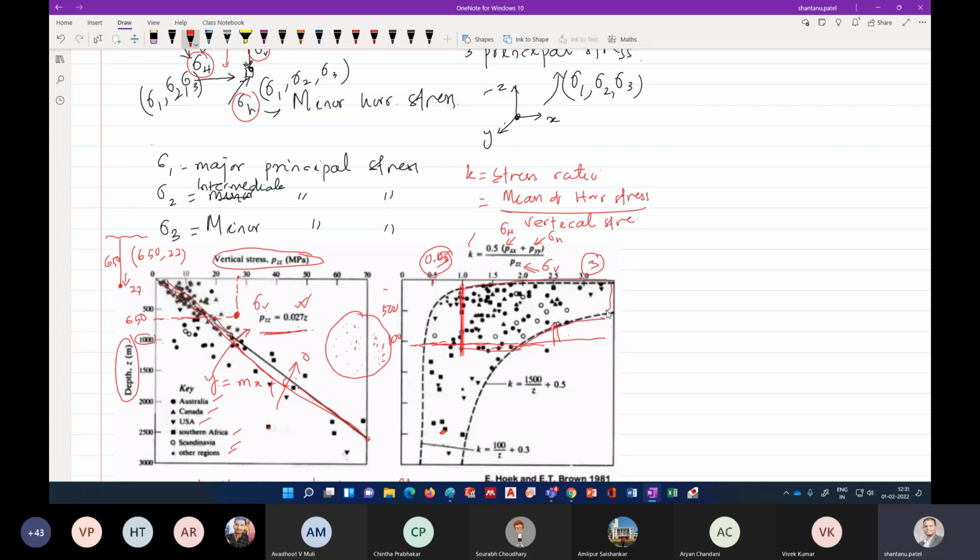So what does this mean? Let's say you have a project here. The vertical stress that you are going to get in this direction is always less than your sigma capital H. But why is this? Planning students, you have already learned. Can you please tell me?